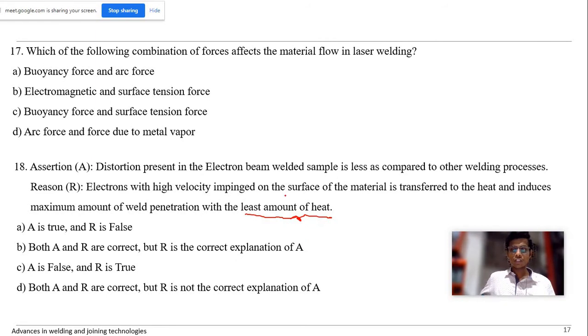Because of this least amount of heat, in the last class I explained the residual stresses and distortion generation, right? I said that the heat input is the culprit for most of the problems in welding or additive manufacturing in any case. So least amount of heat input. So the reason is true.